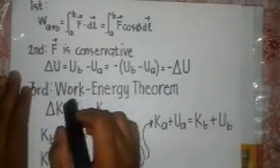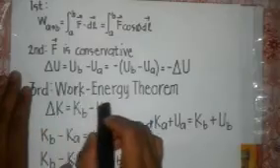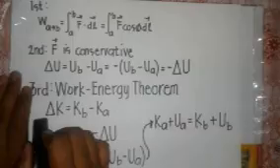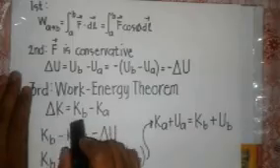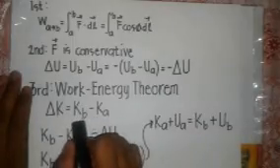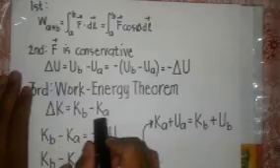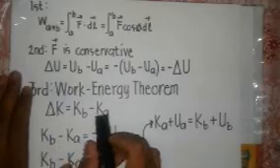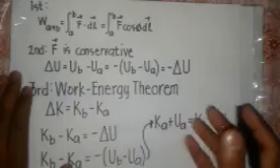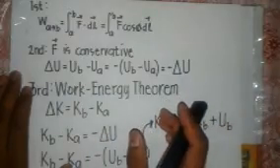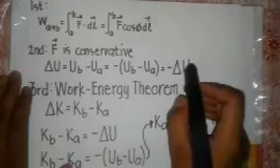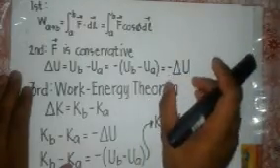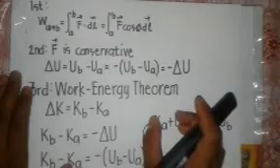Third is the work energy theorem. Our delta K, or the change in our kinetic energy, is equal to the kinetic energy at point B minus the kinetic energy at point A. If only conservative forces do work, then the negative change of our potential energy gives us the total work.